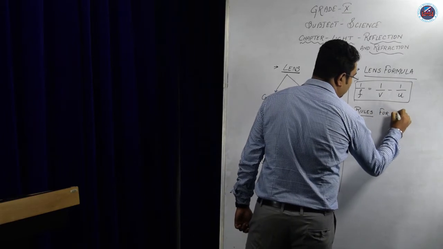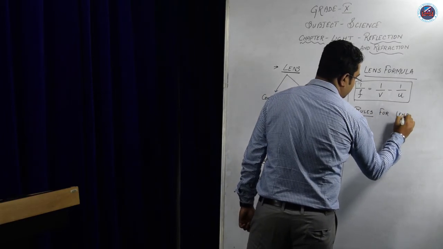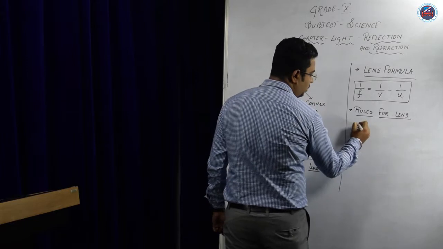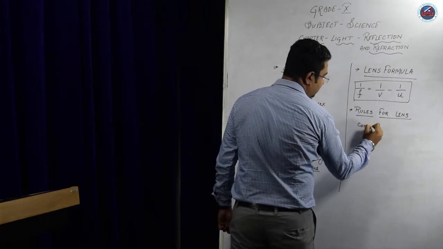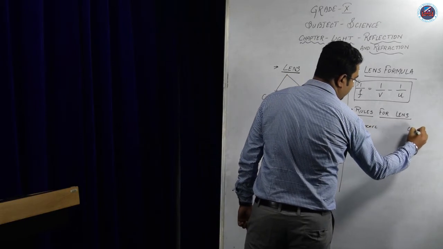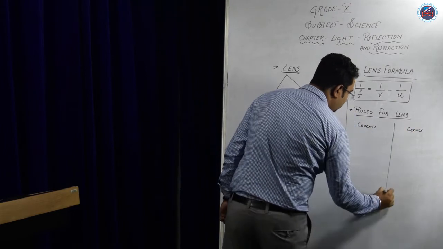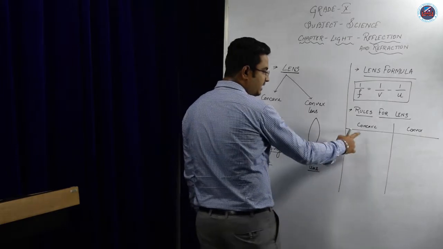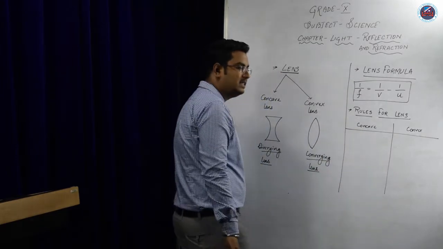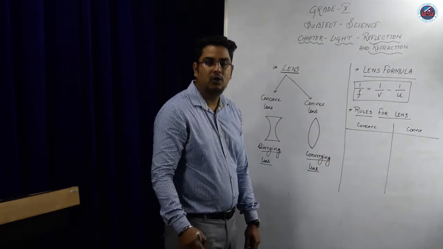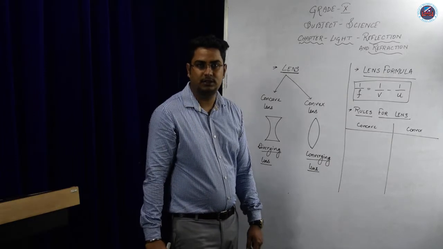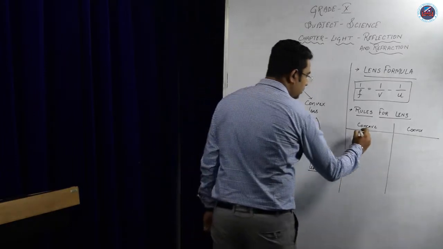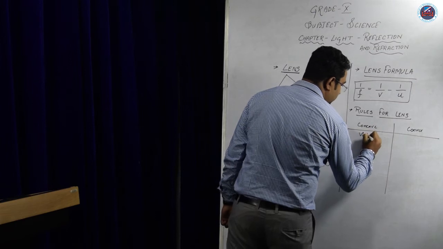Rules for lens. Since we have two types of lenses, concave and convex, we'll make two tables. A concave lens has the capacity to form only one type of image, that is a virtual image.